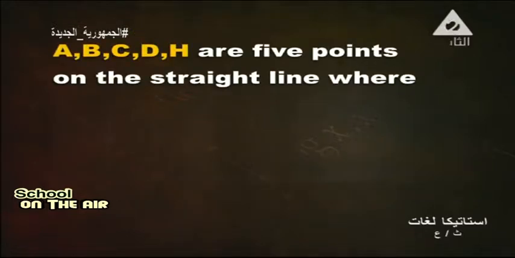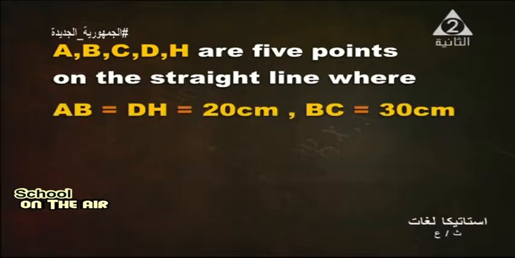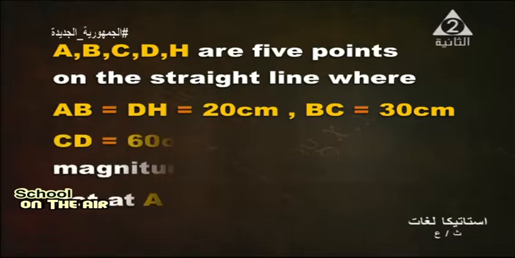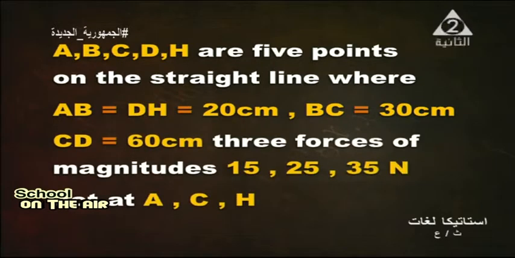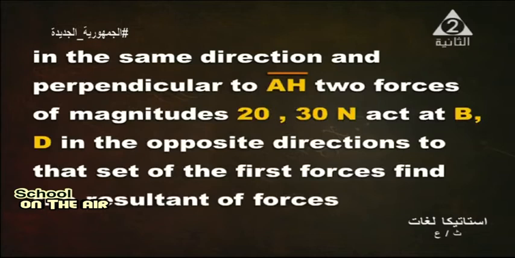Now we translate to another example. A, B, C, D, H are 5 points on a straight line where AB equals DH equals 20 centimeter, BC equals 30 centimeter, and CD equals 6 centimeter. We have three forces of magnitudes 15, 25, 35 Newton acting at A, C, and H in the same direction and perpendicular to AH.